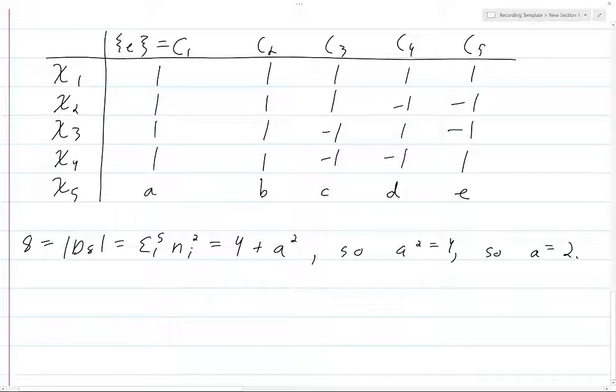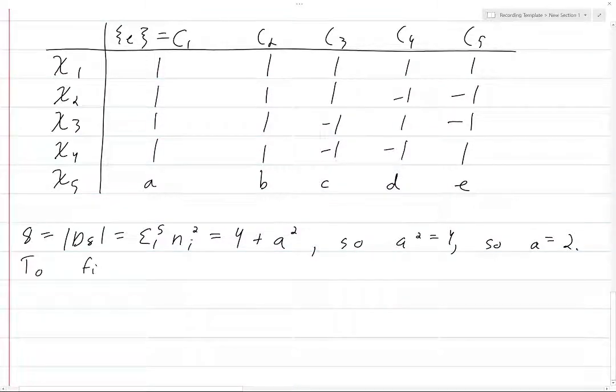To find B through E, we compute. Here we use the pairwise orthogonality of columns, and we're going to compare with what we now know column 1 is.